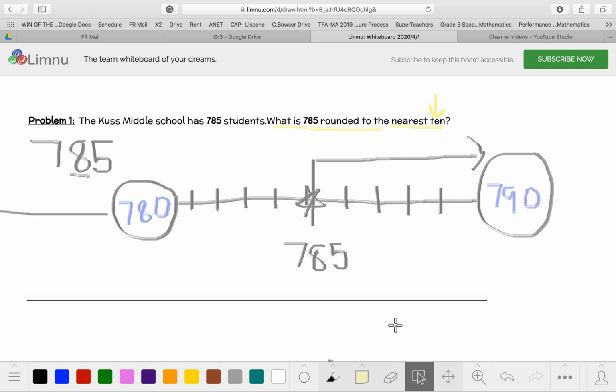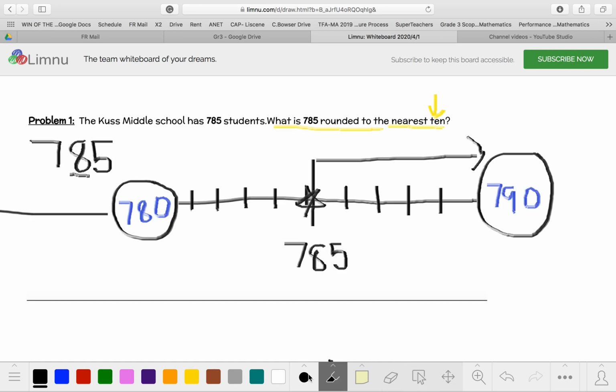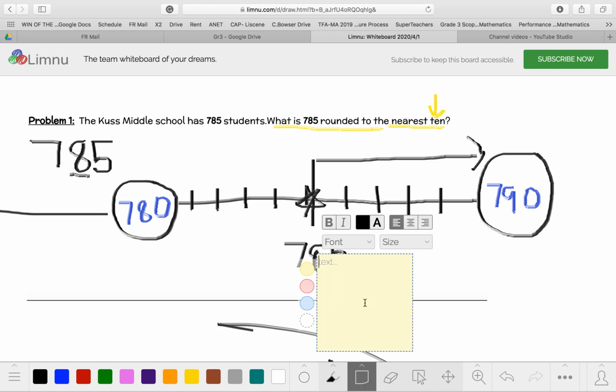I'm trying to type on this whiteboard. I don't know if I'm going to figure it out, but I'm going to write a full sentence. There we go. Took a second, but here we are. 785 rounded to the nearest 10 is 790.